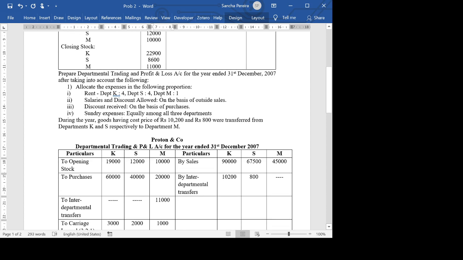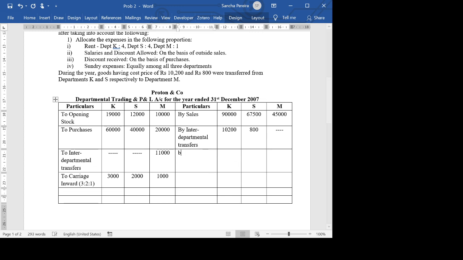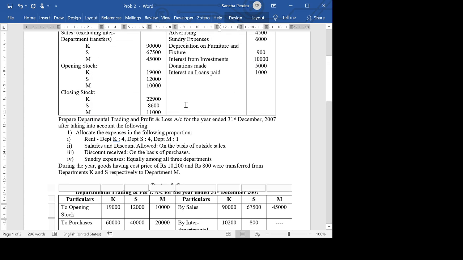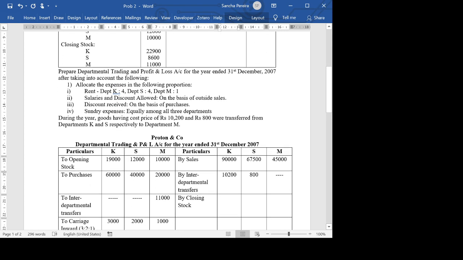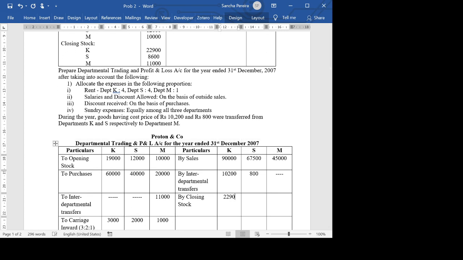Another last item we have here is by closing stock. The amounts given to us are 22,900, 8,600 and 11,000.